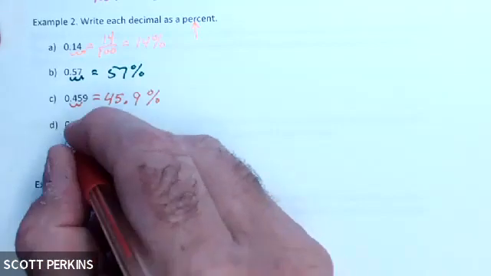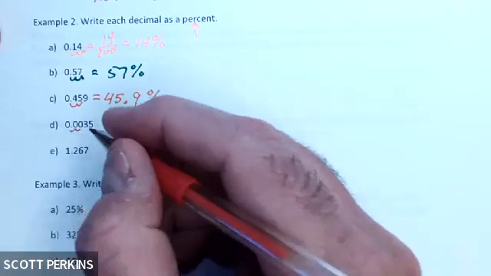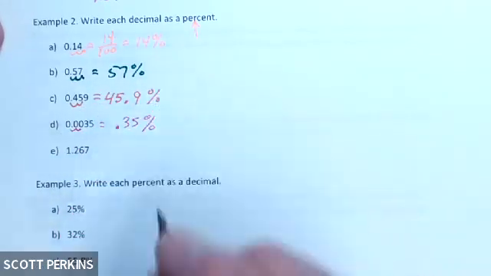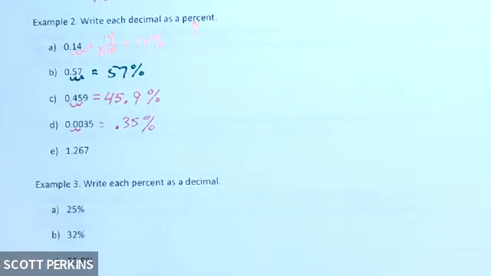When I move the decimal 2 places to the right, notice it hops over those 2 zeros. So I still have a decimal left, 0.35, and then don't forget that percent sign. That way everybody knows that you're talking about a percent now and not just a regular old decimal.